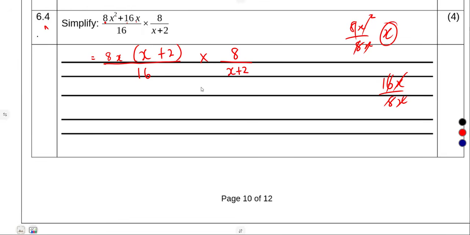x plus 2. Remember the concept, you can cancel if you have got the same terms, same brackets or numbers between the numerator and the denominator. So x plus 2 and x plus 2 can cancel. 16 divided by 8, that's a 2. Then 8 divided by 2, that's a 4.